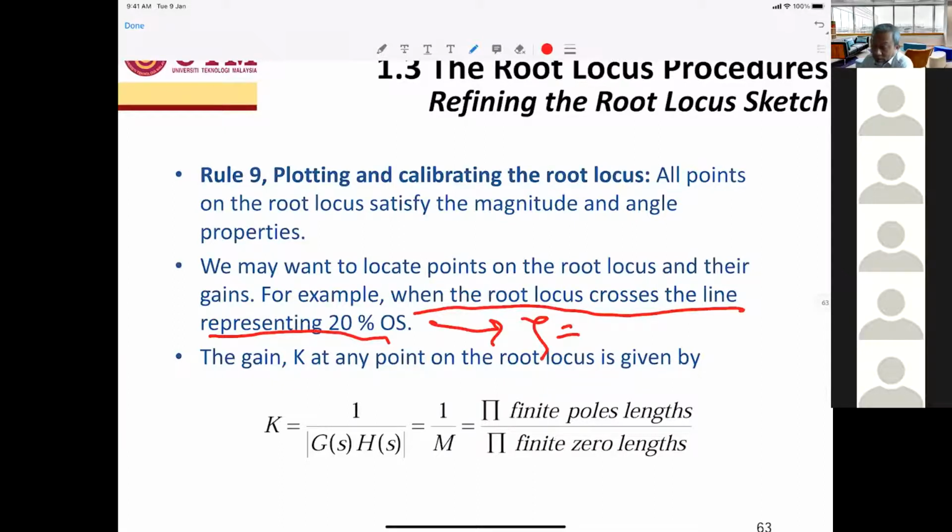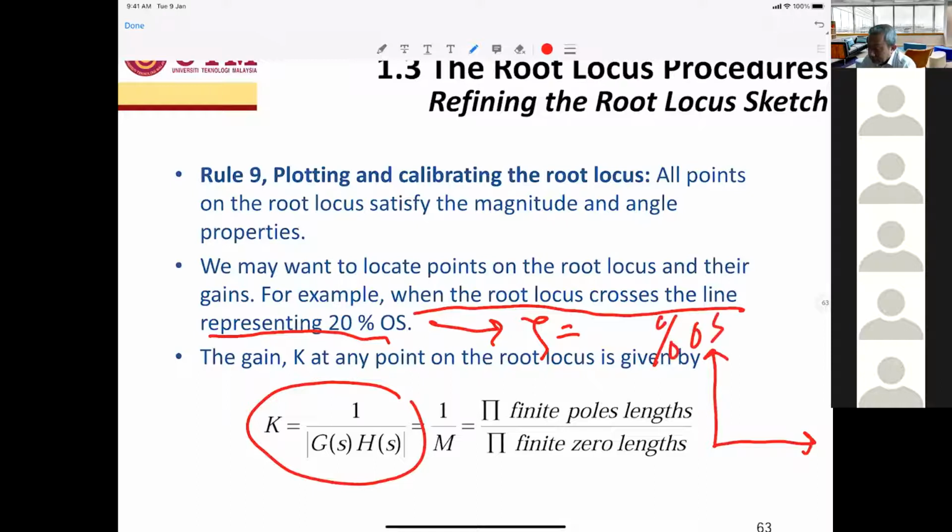The gain at any point on the root locus is given by K equals 1 over the magnitude of GH, or 1 over the product of finite pole lengths divided by the product of finite zero lengths. For overshoot, usually we can calculate zeta based on the formula or based on the standard graph.